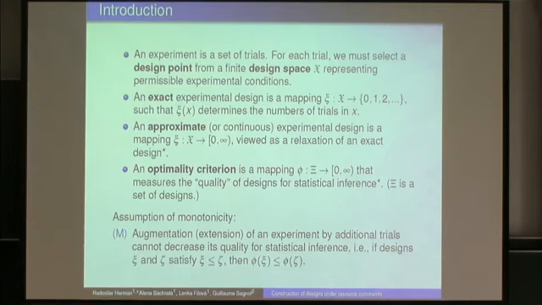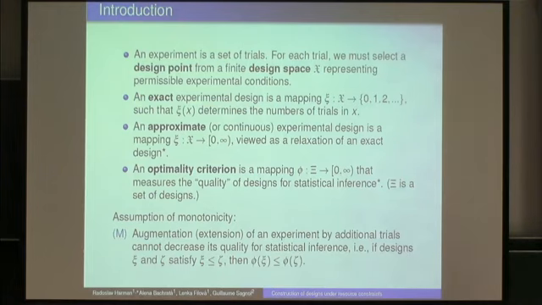But it can be large. This represents permissible experimental conditions. And an exact experimental design here is a mapping from X to non-negative integer numbers, okay? With the interpretation that psi(x) determines the number of trials in the design point x.